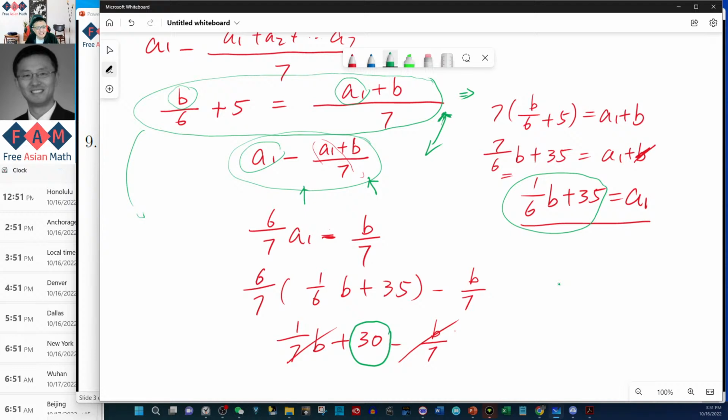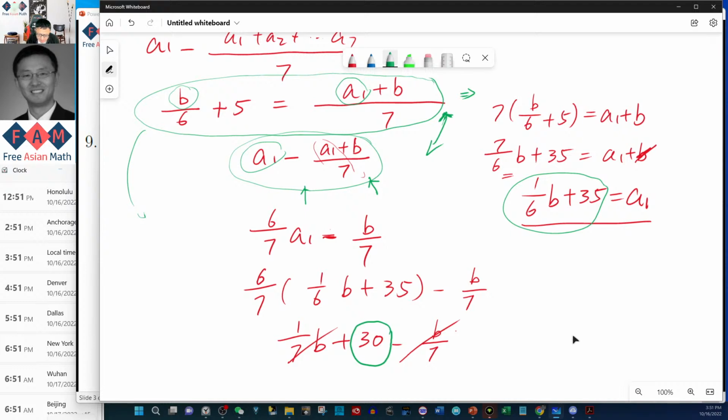But the expression we want to evaluate, that is A1 minus this average, A1 plus B divided by 7, must be something that can be directly derived from the condition that we were provided with, which is reduced to an equation like this.